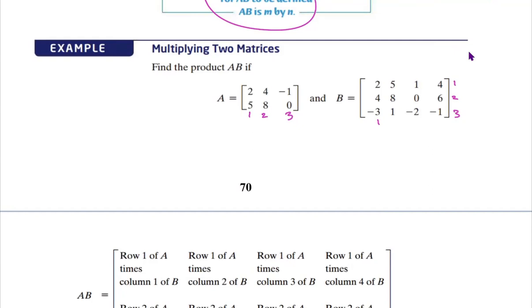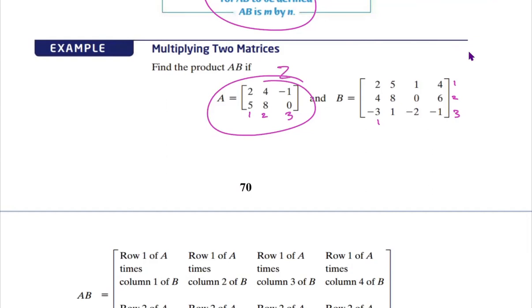The number of rows in the first matrix is the number of rows of the result, so your result will have 2 rows here.